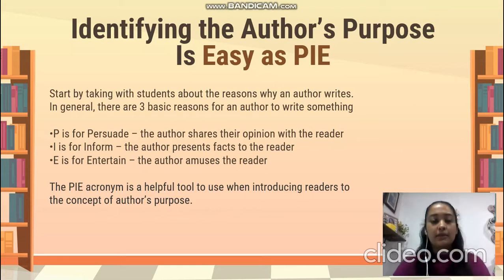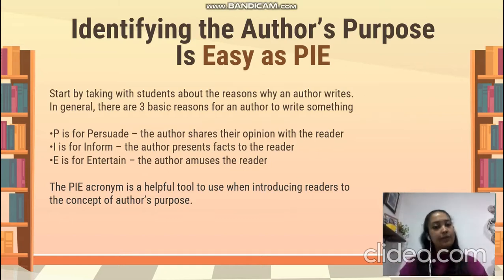P is for persuade, when the author shares an opinion with the reader. I is for inform, where the author presents facts to the reader. And E is for entertain, where the author amuses the reader. This acronym is a helpful tool to use when introducing readers to the concept of author purpose.